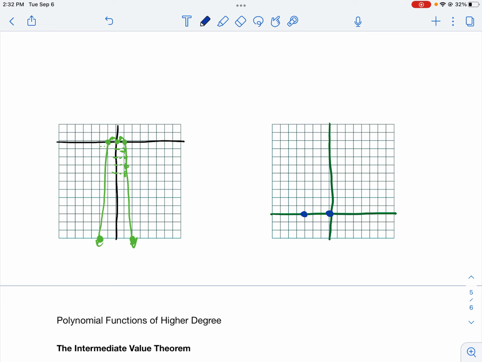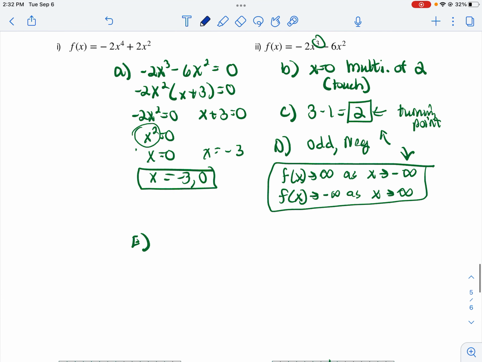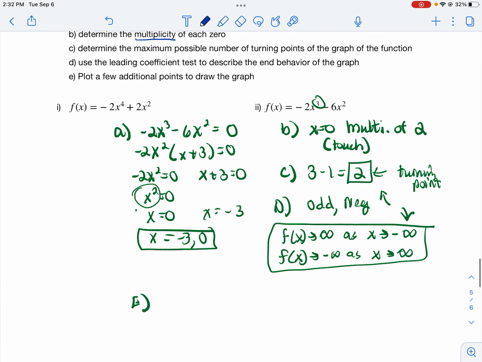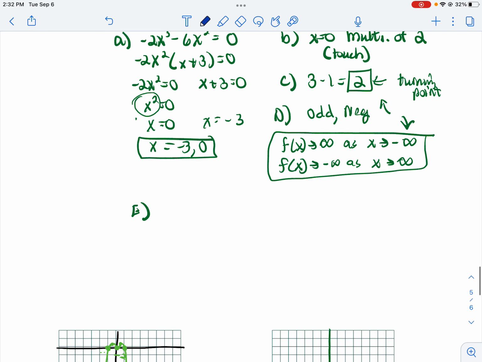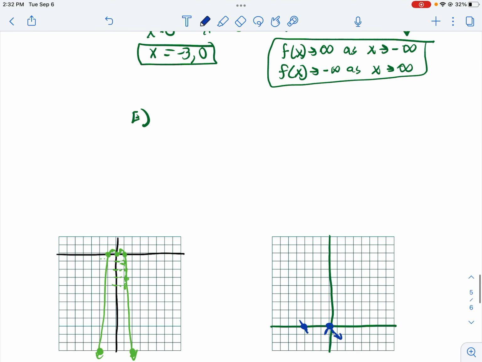And I know it touches at 0 and crosses at 3. I also know my left end is up, so it's going to have to cross this way, and then it's going to have to touch this way so that I can end going down. So I got this information already from our end behaviors.